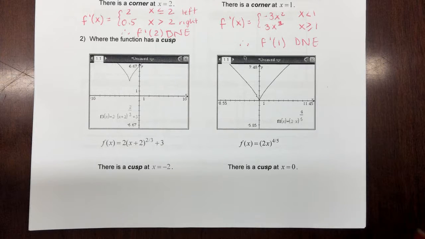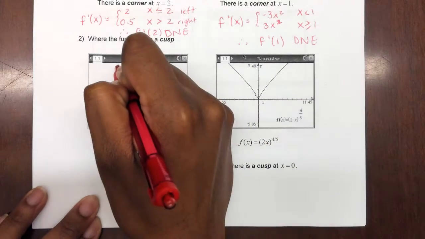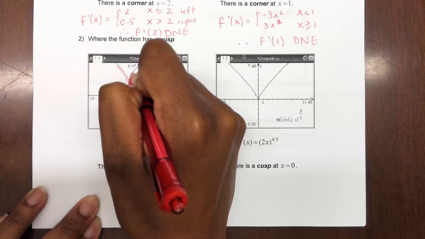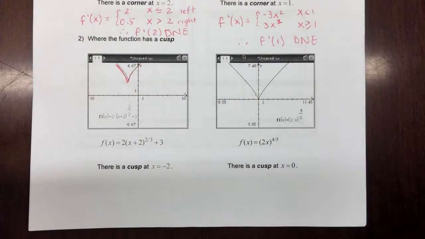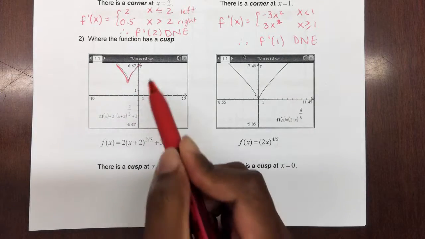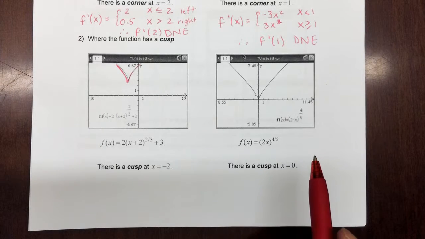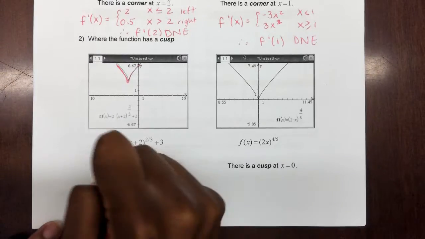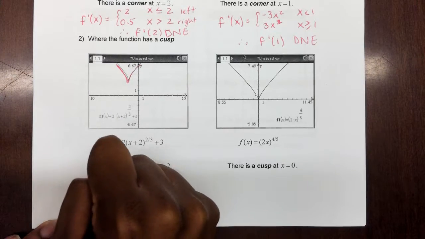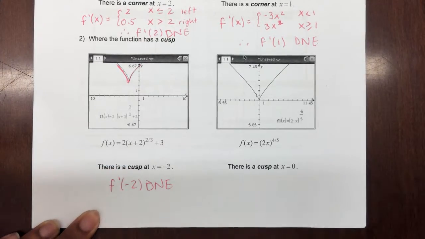Okay, so when we have a cusp, right, when we have two graphs, two lines, creating a point, a cusp, we do not have a derivative. There's a cusp at x equals negative 2, so the derivative at negative 2 does not exist.